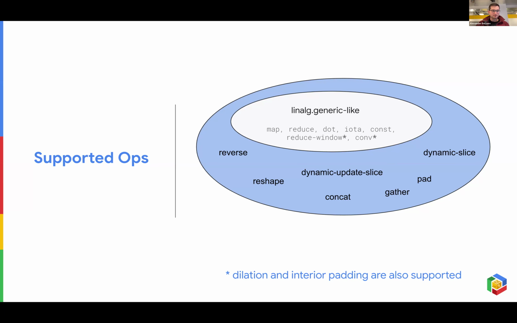Any other questions? I'm curious, what is required for the StableHLO support? It seems like you already have most of the mappings, the indexing maps for your operations. What else is needed to support StableHLO?